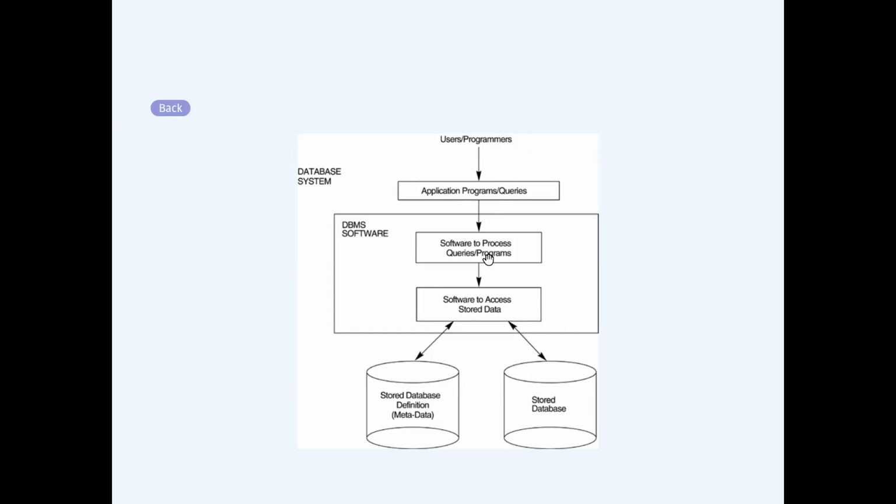The access could be done by general users, developers, or programs, or you can have separate applications developed to access the data you have stored in the database. So this overview gives you some idea about what the database system environment is.